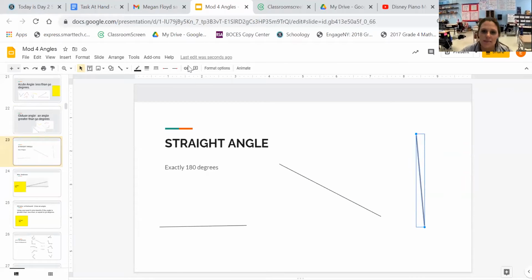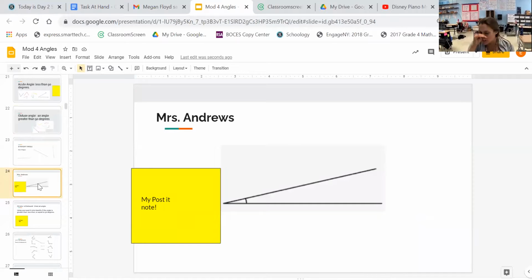180 degrees. Awesome. All right, so now using your Post-it note, I just want to show you how I can easily see, do I think this is acute, right, or obtuse, or a straight angle? Immediately in my head, I know this is not a straight angle because the arc does not make a straight line, right? The 2 points in between, definitely not 180 degrees.